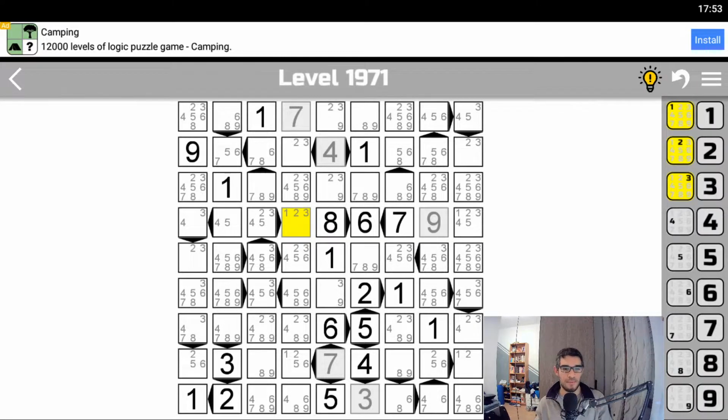So again, I can know that this can be a 4. And again, I'm trying to see using these 8 and 9s. Normally 8 and 9s are pretty useful.